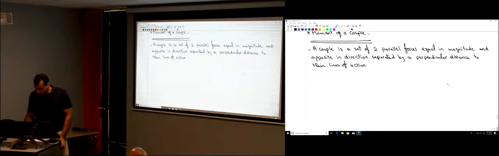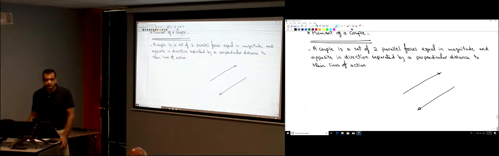So to have a couple, I need to have one force like this and another force like this. They are equal. If this is F, this is F in the opposite direction. They have to have the same magnitude in opposite direction, parallel to each other.